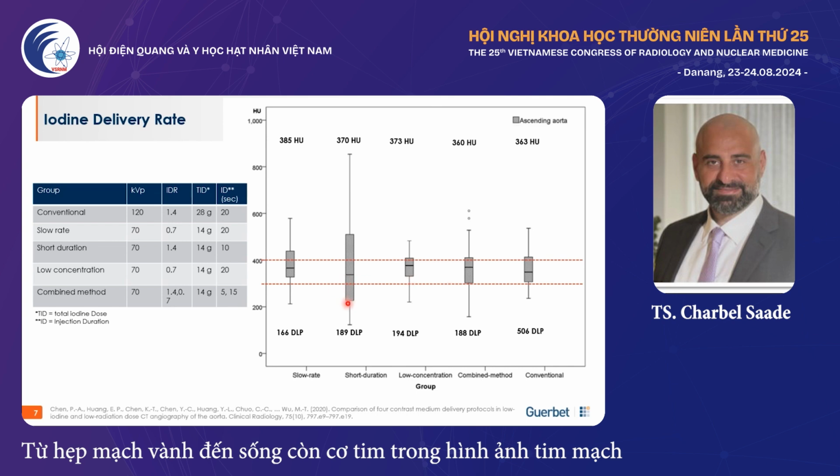Whereas if you use a short duration, which is really a higher flow rate, you tend not to get a nice variety because it all really depends on the cardiac output of the patient. So for example, if I'm using a 400 density contrast and I want an IDR of 2, we still need to go 5 mL a second, and this is also too bright for the lumen.